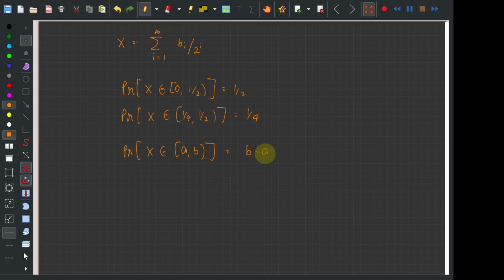If you had to prove this, how would you do it? Maybe not a fully rigorous proof, but I want to make sure that I'm convinced that it's indeed b minus a. So what kind of intervals do we know the probabilities of?